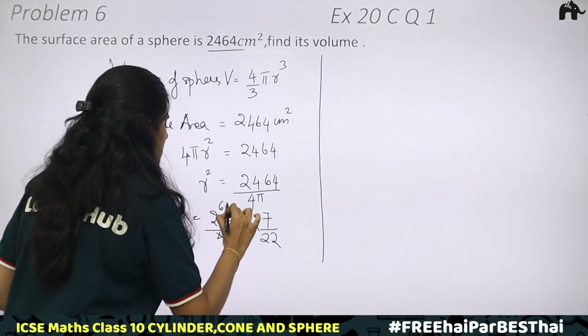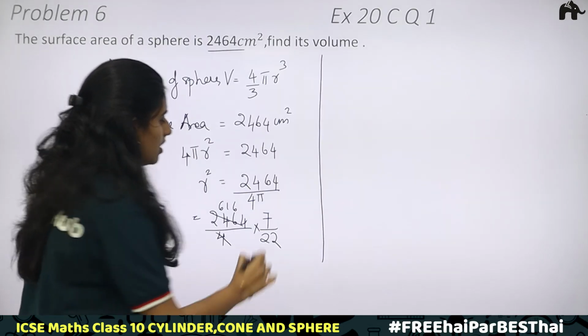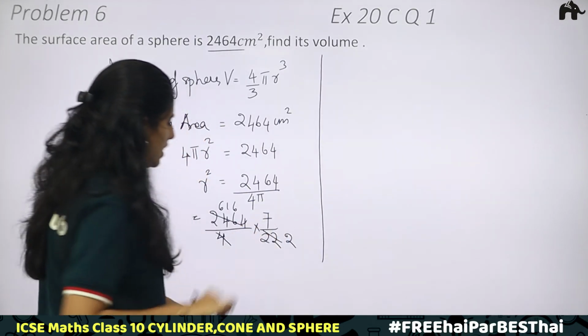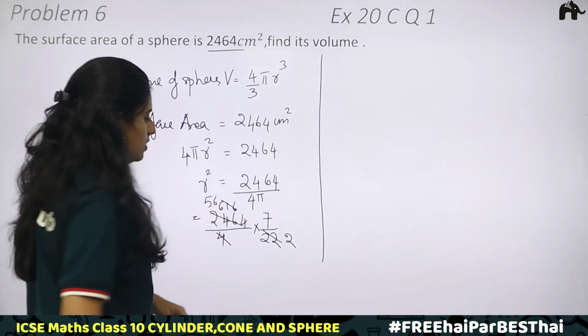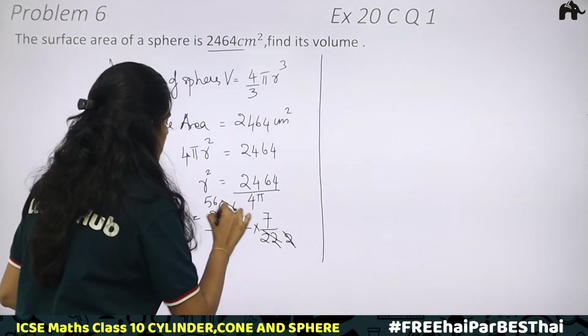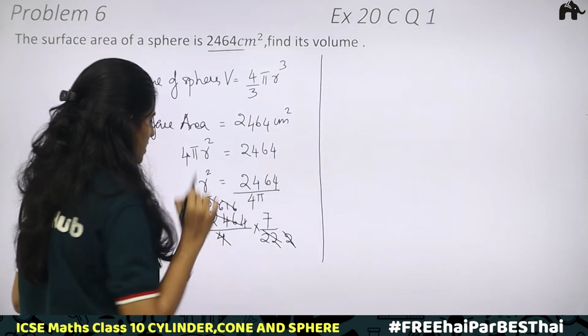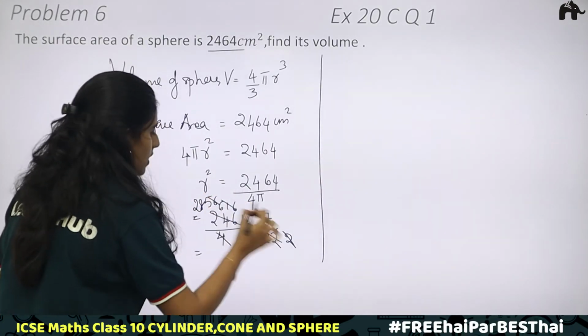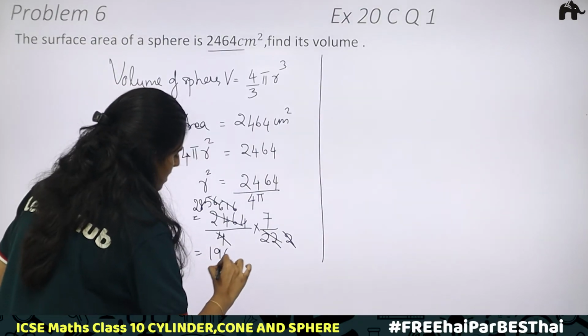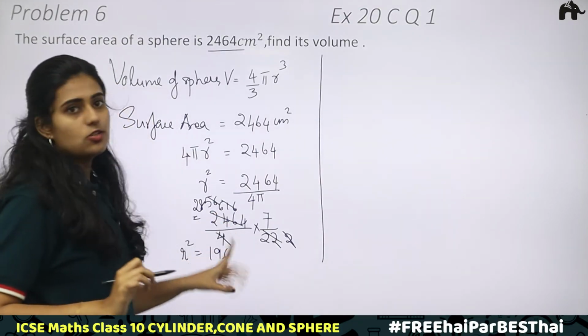We will be getting 616. 22 is 2 into 11. 616 is 56 into 11. 2 and 56 can be cancelled. We get 28. 28 into 7. What is 28 into 7? On multiplying, we get 196. So r square is equal to 196.